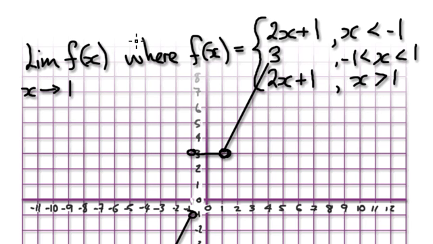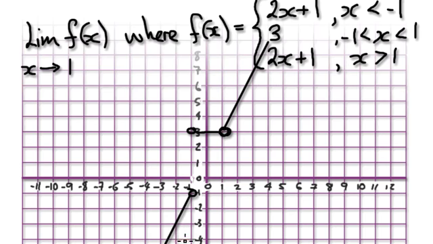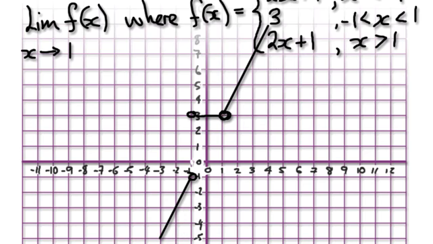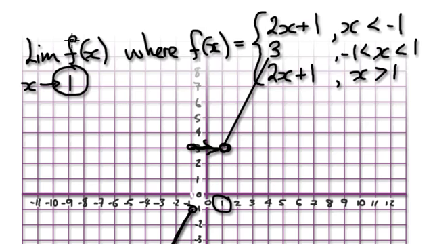Now, because you're trying to find out the limit as x approaches +1, meaning from the left hand side, this is what's happening here. Approaching from the left hand side, you start down here, jump up to here, and then as it approaches +1, it's approaching this here. +1 is here.